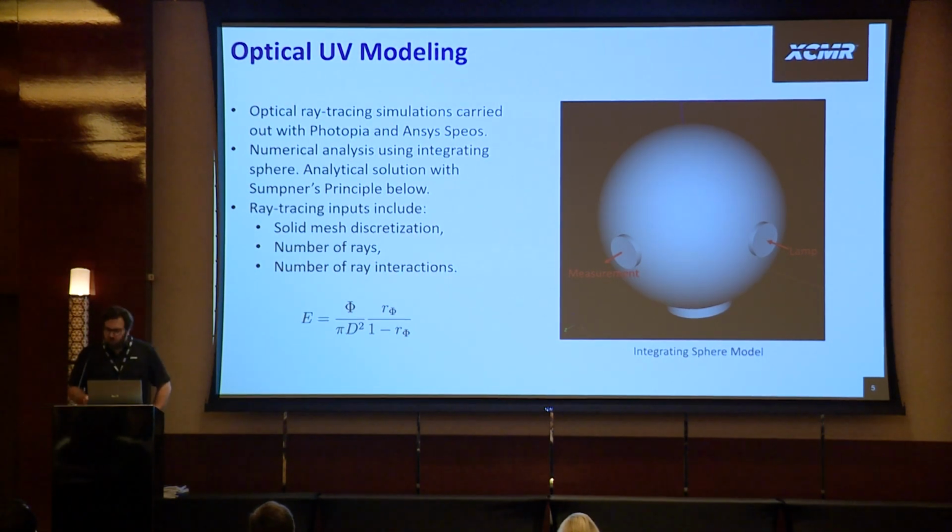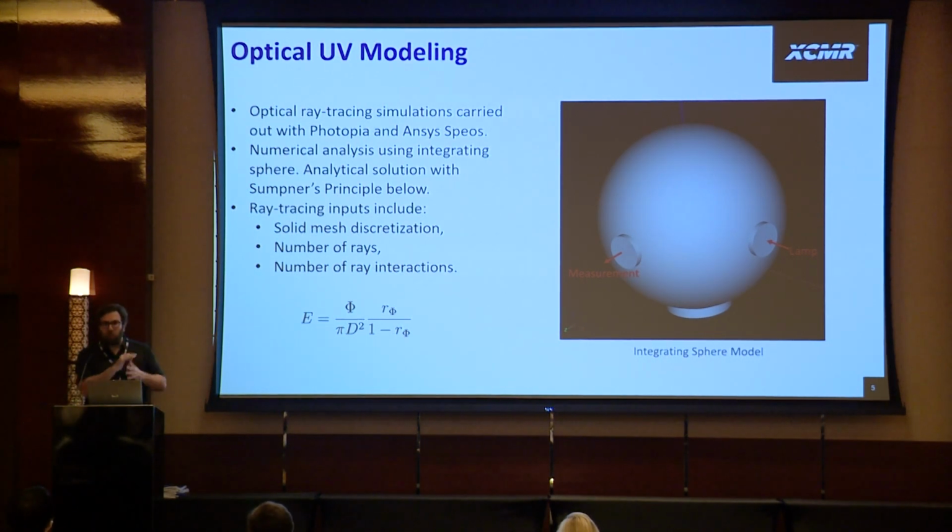And we can compare that to our method to actually determine the error, and determine how different numerical inputs change the error. Specifically here, we were looking at things like the solid mesh discretization. So essentially, how well does that computer image represent the real system? Is it going to look like a sphere, or is it going to look like a disco ball?